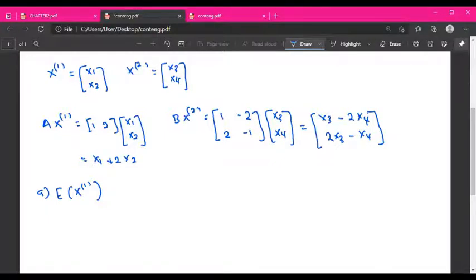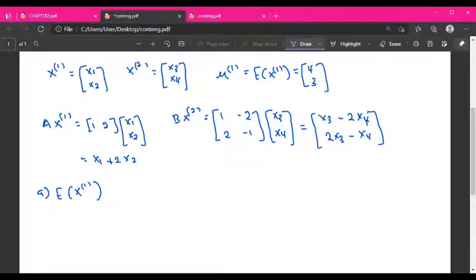Mean pun kita boleh partitionkan. So mean untuk the first variable ataupun expected of X1. Okay, kita partitionkan dia because of X1 belong to X1 dengan X2. So dia punya mean adalah 4 and 3.